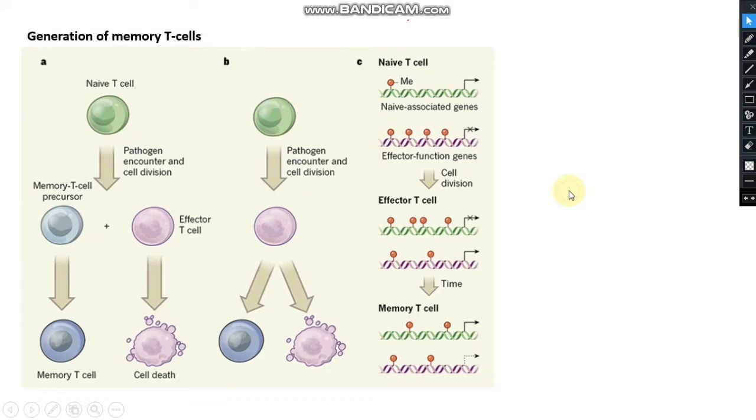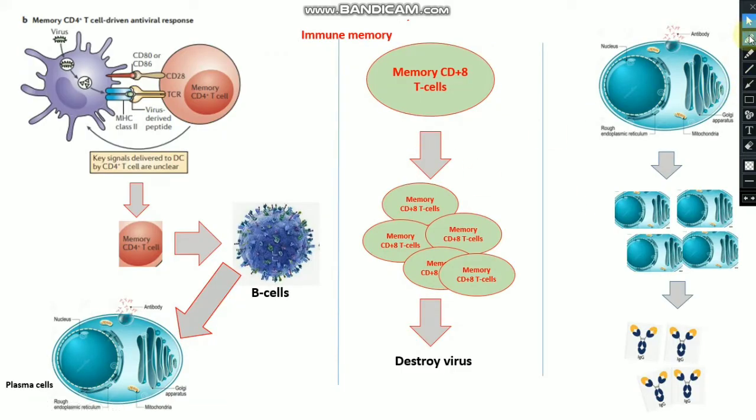Now I'm going to show you the different kinds of memory T cells, like the CD4 positive T cells that I already mentioned, whose job is also as T helper cells. They produce cytokines, and they activate T cells, cytotoxic T cells, and the B cells to produce antibody. From these CD4 positive T cells, a small portion survive for a longer time period and form memory CD4 T cells.